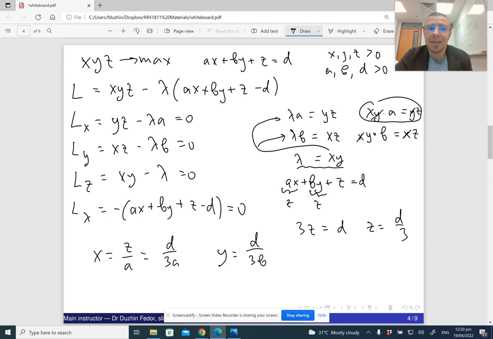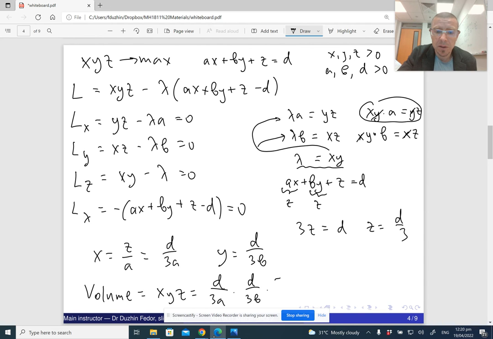The volume itself is the product of x, y, and z, which is d over 3a times d over 3b times d over 3, which is d cubed over 27ab. So that's the answer.